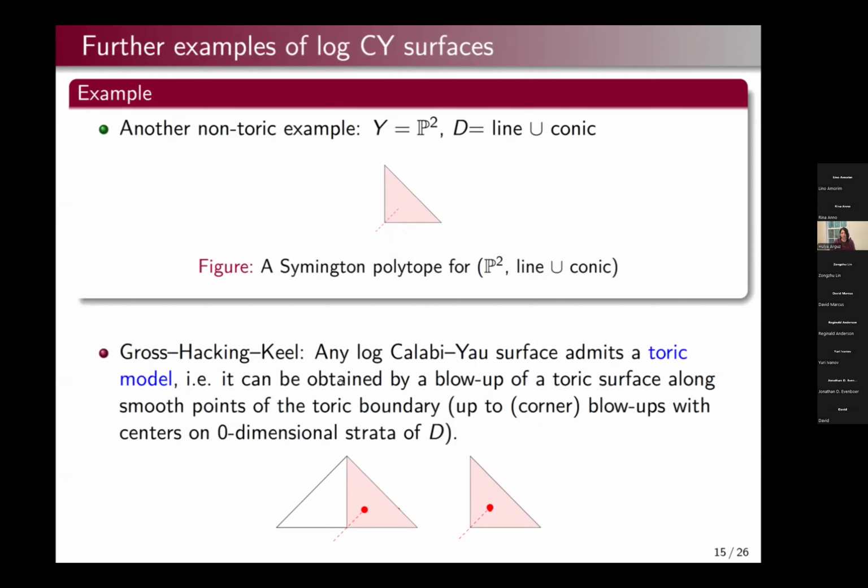And Hacking–Keel show that every local Calabi–Yau surface is related to a toric model and can be obtained from a toric moment polytope by applying some operations on it. And such polytopes are studied extensively by Symington. They're called Symington polytopes.